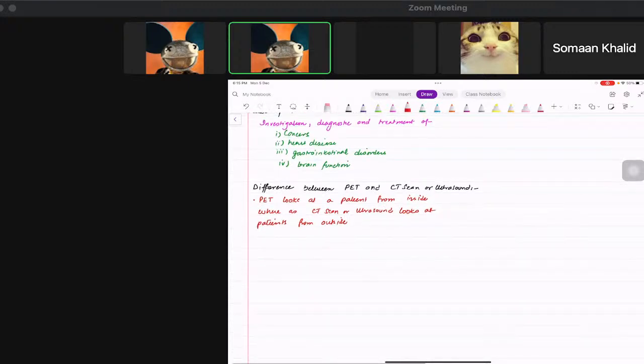The next thing we should know is in PET, a small amount of tracer, usually referred as radio tracer, is injected into a vein.